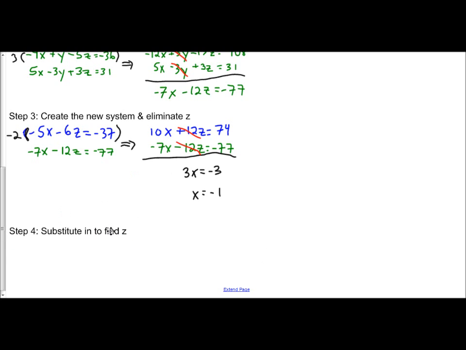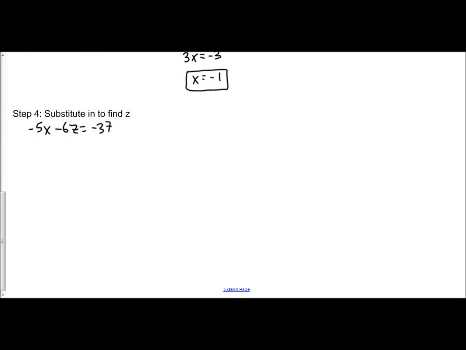Now it doesn't matter which equation I use, if it's the negative 5x one or the negative 7x one. So I'm going to use my negative 5x one. So I have negative 5x minus 6z equals negative 37. I'm telling you x is negative 1. So that's what we're going to plug in.